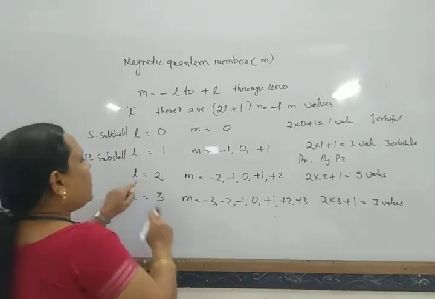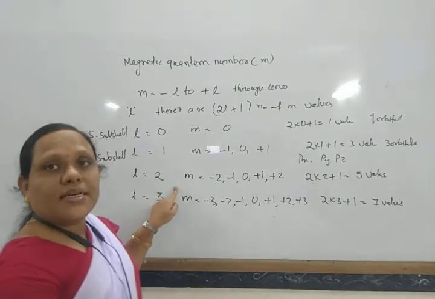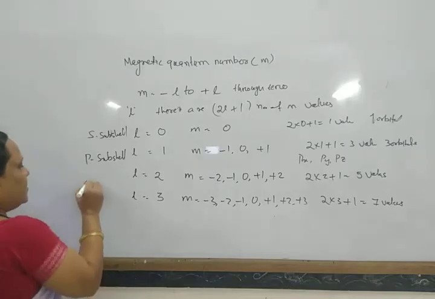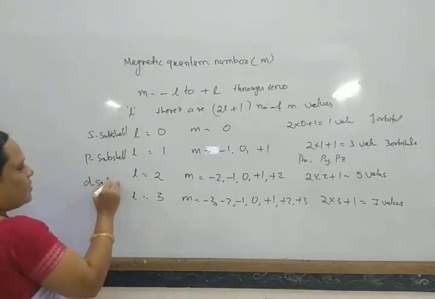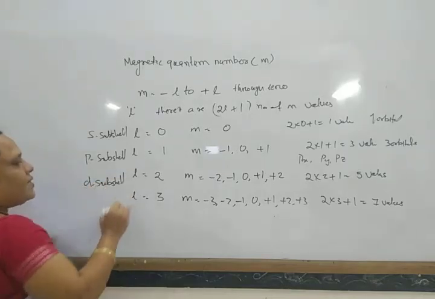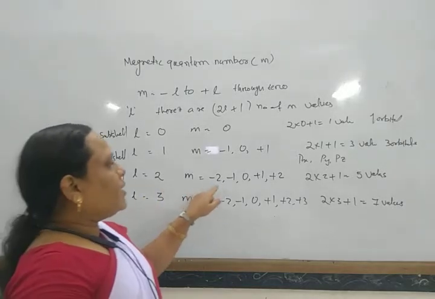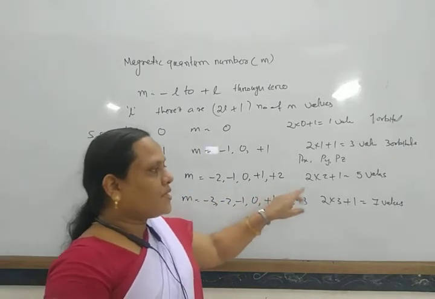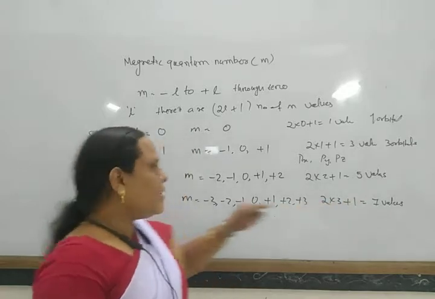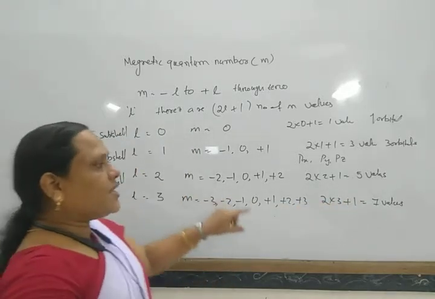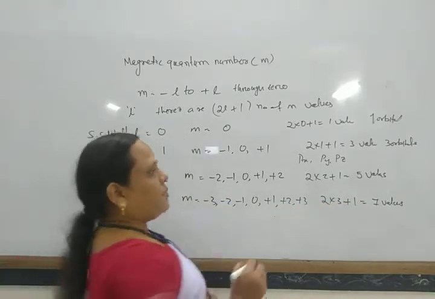And again, when l equals 2, what is the subshell? That subshell is the d subshell. For the d subshell, the m values are minus 2, minus 1, 0, plus 1, plus 2. How many values? 5 values. That means the d subshell has 5 orbitals.